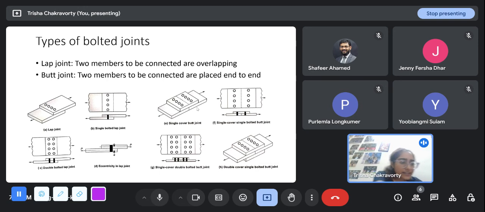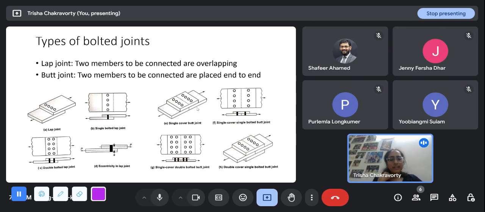If you put these two things end to end, there is no way you can put the bolt, because the bolt needs some kind of overlap to be drilled into the two materials, and then into the two plates. Then you drill the hole and you put the bolt inside like this. Here the bolt will show up like this.